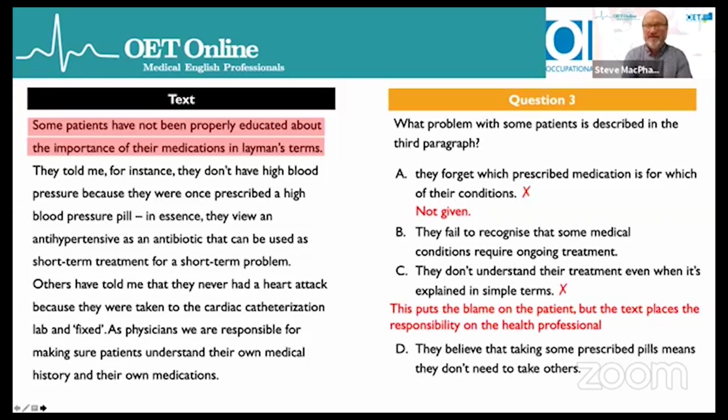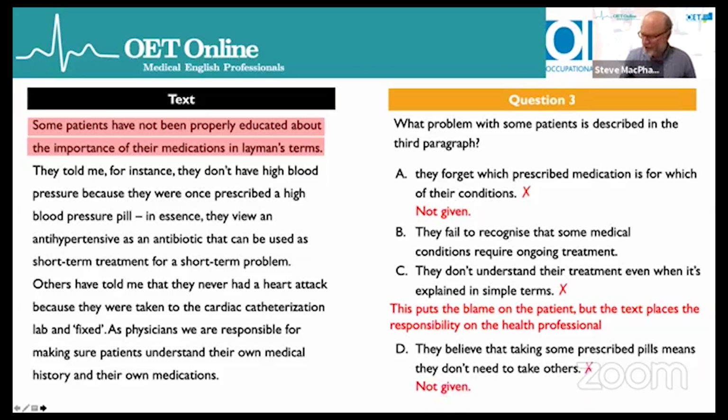It says they haven't been properly educated. So that means you, as a health professional, have not educated the patient properly. It's not about whether the patient understands. They simply haven't been provided the education. So it's not about the patient understanding. It's about whether they were educated, right? So that's actually C is wrong. Tempting, I understand, but it's not the answer.